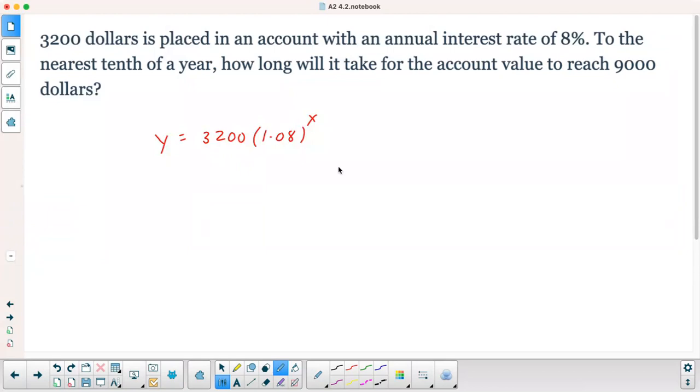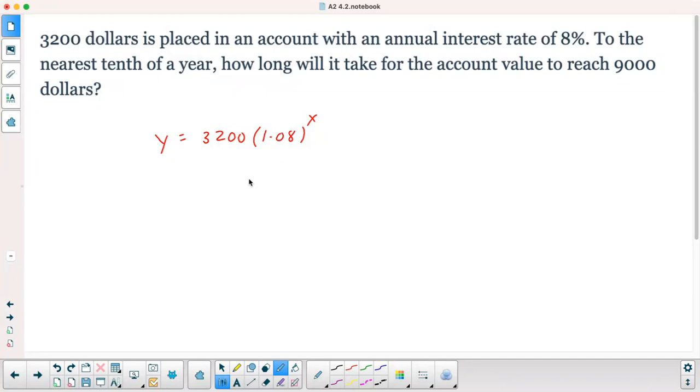Let's see here. Okay, so this one's going to be a little bit more tedious.